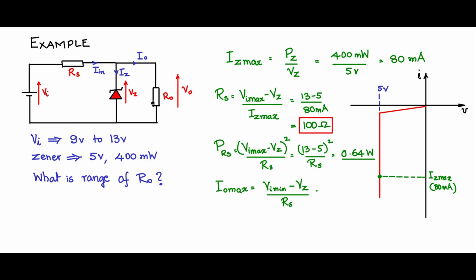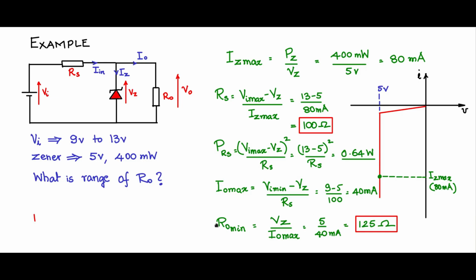That is 9 minus 5 divided by 100, which is 40 milliamps. That is the maximum I0 that you can allow through the output, and therefore R0 min is V0, which is Vz, divided by I0 max, which is 5 volts divided by 40 milliamps, and that comes to 125 ohms.